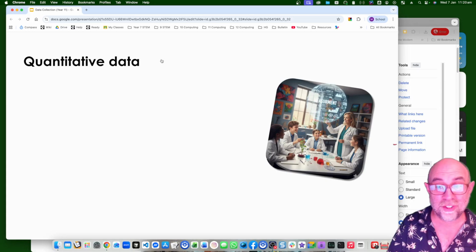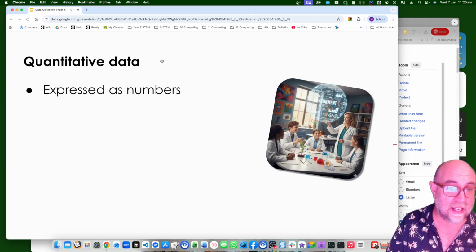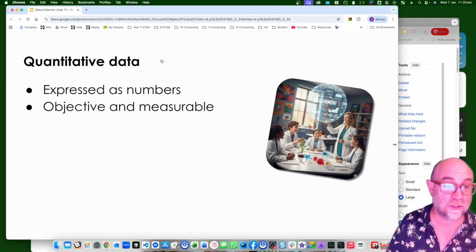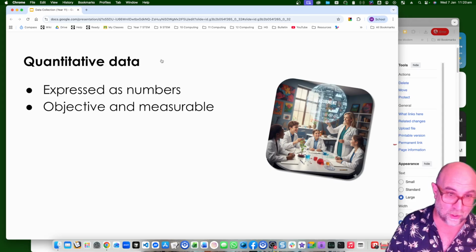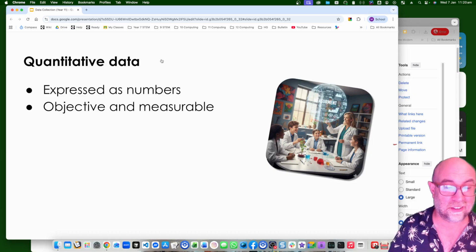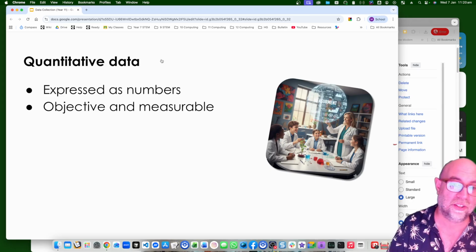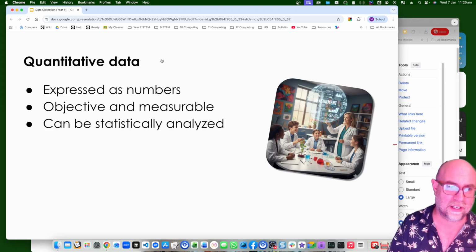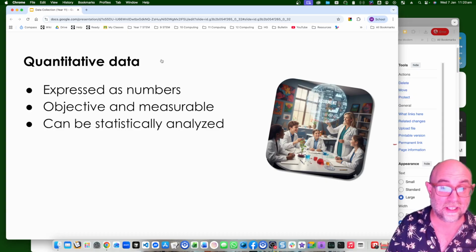Now this is quantitative data. Quant as in quantity. It should be expressible as numbers. It should be objective and measurable. You and I should both get the same temperature readings. We might stand in there and say, is it quite hot or really hot? And we can disagree about that, but we should all be able to say it's 21.3 degrees. It can be statistically analysed.